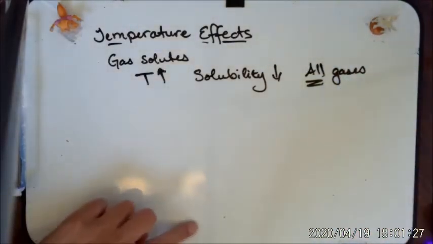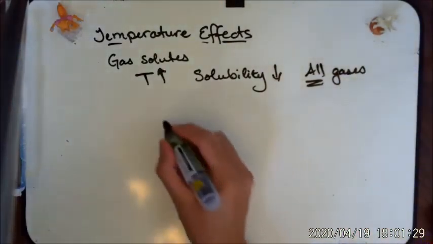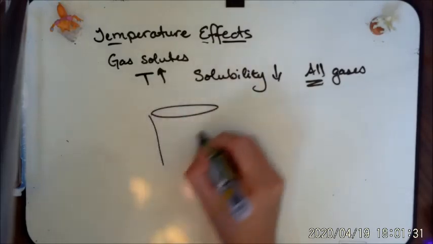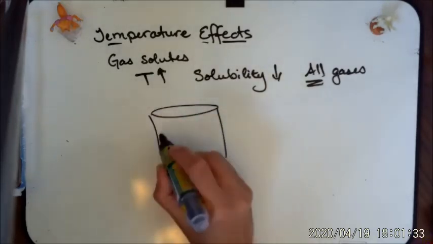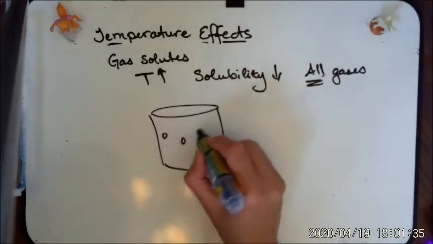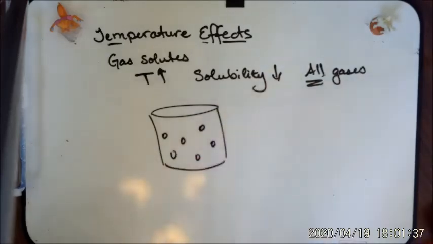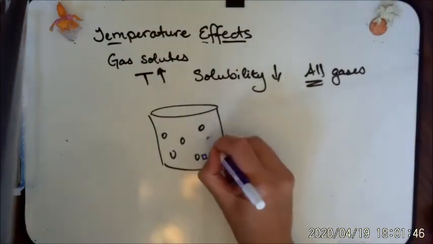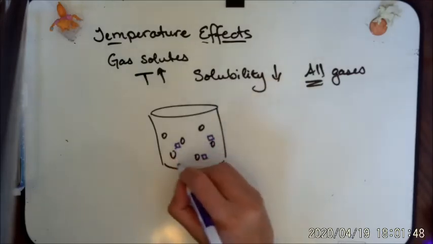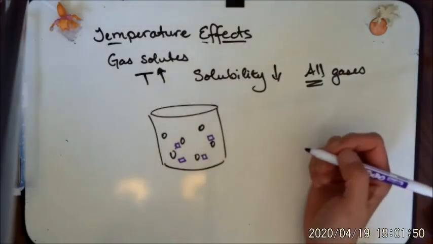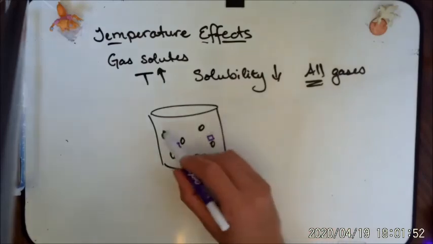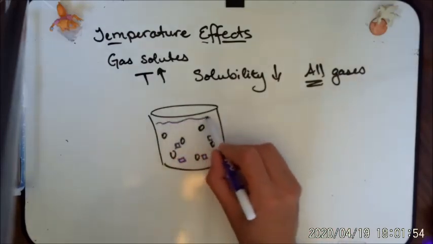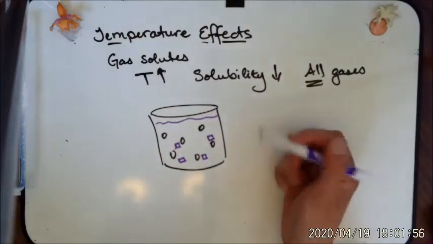And if you think about it, when you have a gas, you see this is my water. The gas is a fairly non-polar solute. So gas doesn't like to dissolve in your solution. It will, but it doesn't like to.